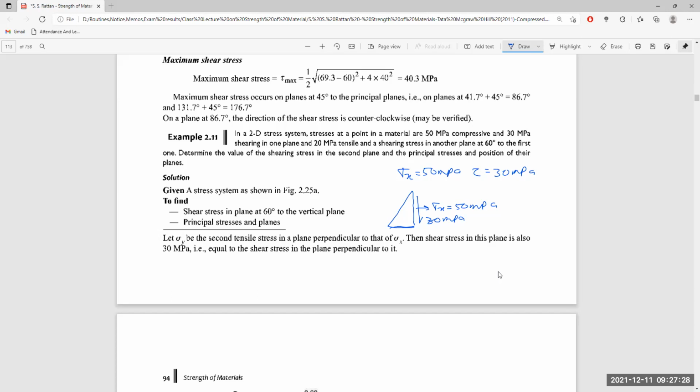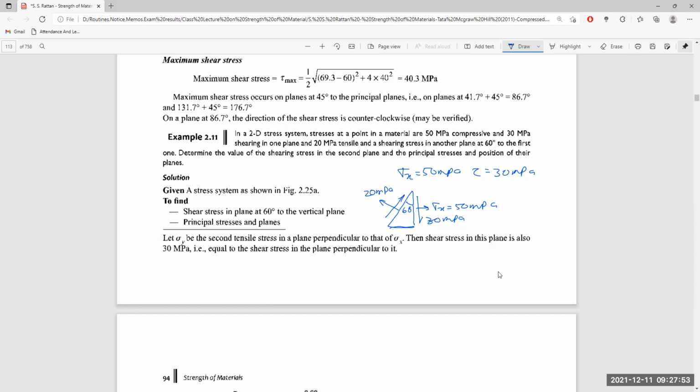20 MPa tensile and a shearing stress acting in another plane. So here, which is the 60 degree plane, tensile stress is acting here, 20 MPa, and a shearing stress in another plane. Shearing stress is acting here, clockwise positive.